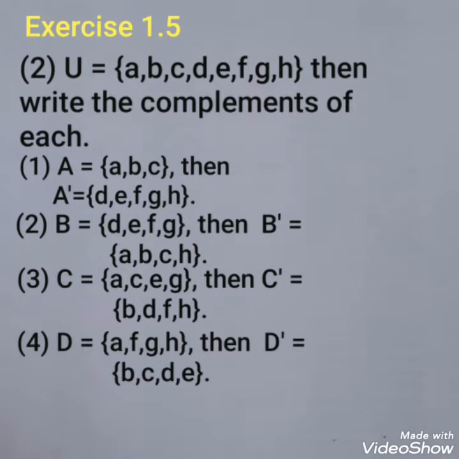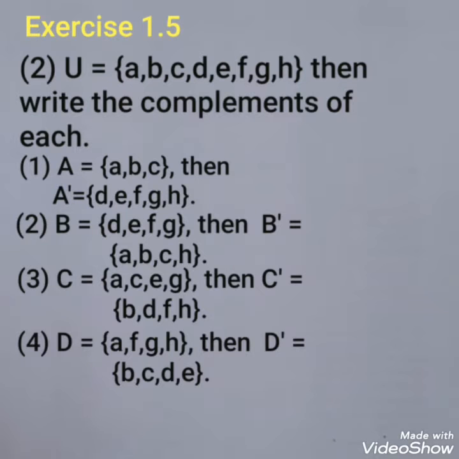Let us discuss the next example of this exercise. Here U contains the elements a, b, c, d, e, f, g, h. We have to write the complements of the following. Here set A contains only 3 elements a, b, c. Then its complement will be the remaining elements which are present in U but not in A, that is d, e, f, g, h.